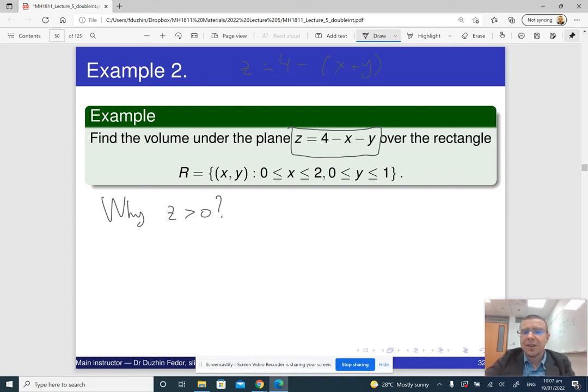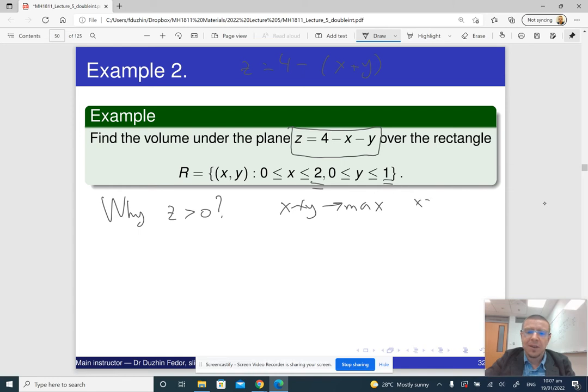And what is the largest possible value of x plus y in the given rectangle? To maximize x plus y, we need to maximize x and maximize y. The largest value of x is 2, the largest value of y is 1.